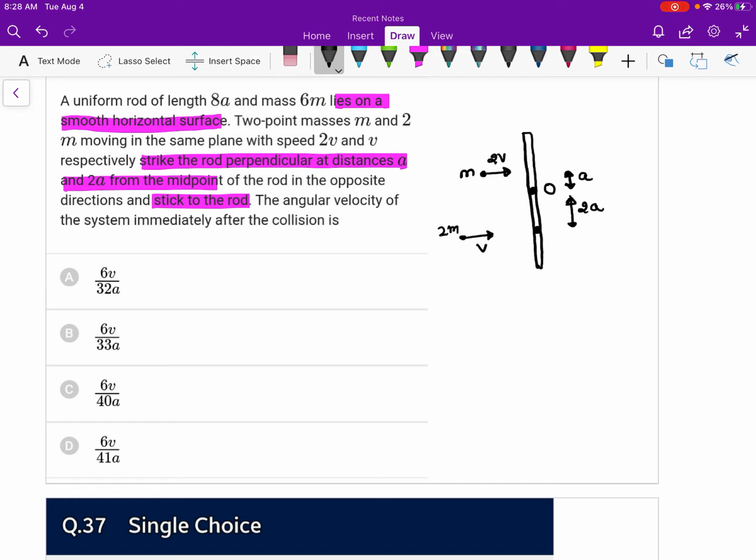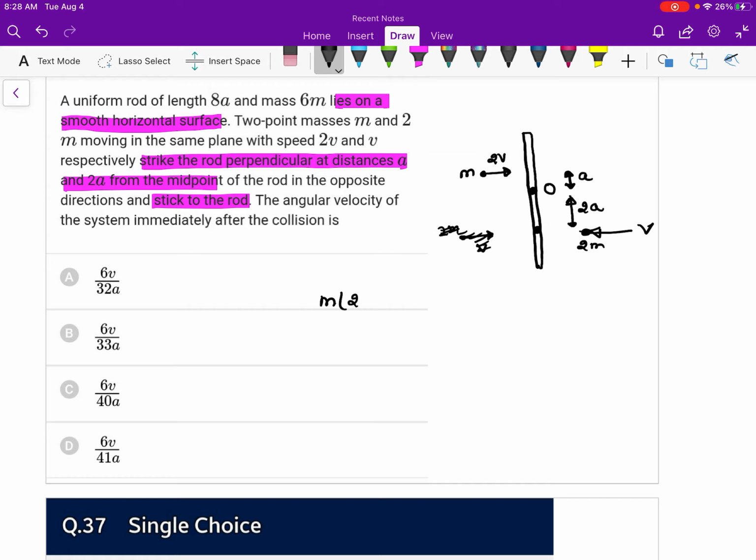So let's consider the rod to be hinged at the center, so it will rotate about the center only. This is our assumption. Okay, so applying angular momentum conservation, they are coming in opposite direction, so the angular momentum of both the particles is in the same sense.